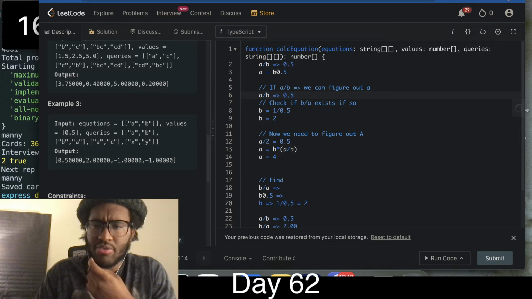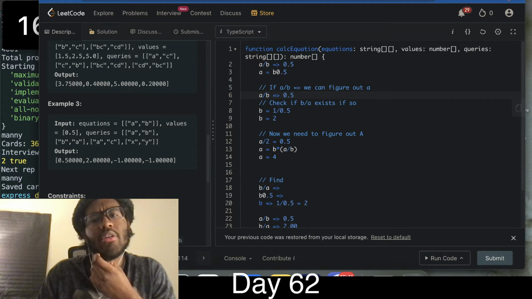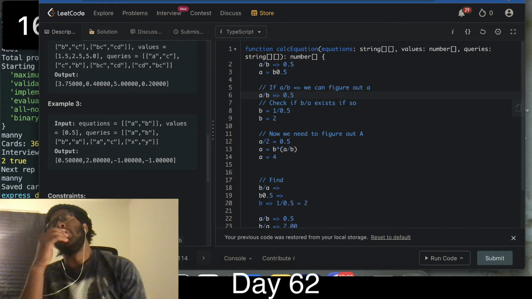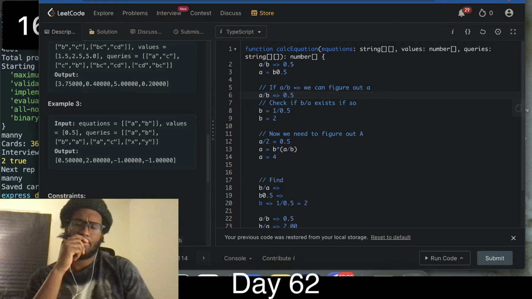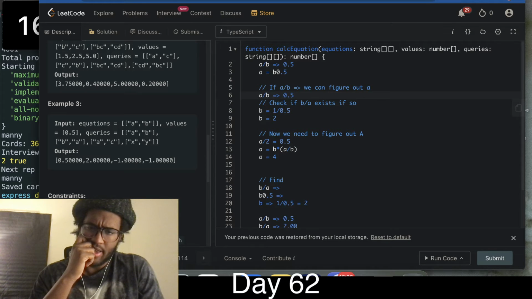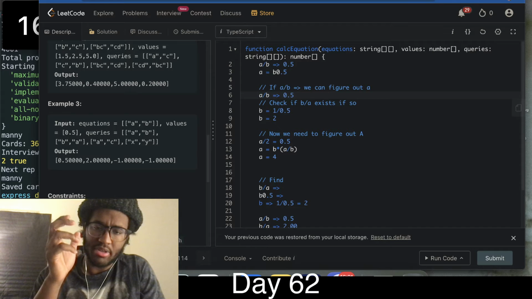Let's check if b over a exists. A over b, we can figure out a. Previously it said we can figure out b.